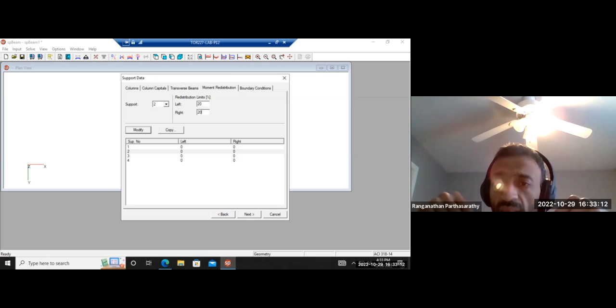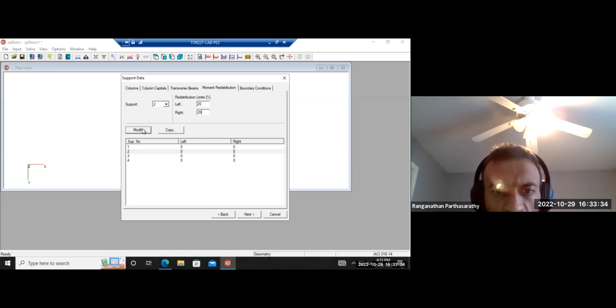That itself will bring economy in the design. Negative moments, you reduce by 20% or 1000 times epsilon t, whichever is smaller. Based on that, your positive moment will go up, but that's okay. You will still get a more economical design.